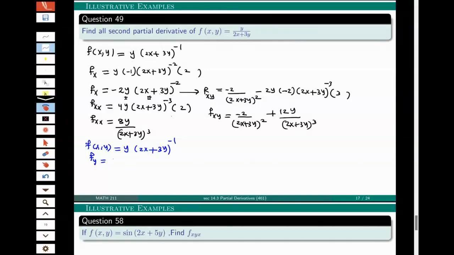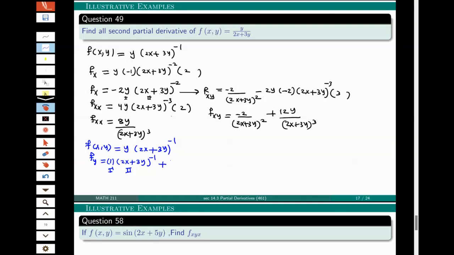The derivative of the first is 1 times the second, which is 2x plus 3y raised to the power minus 1. That's the derivative of the first times the second.